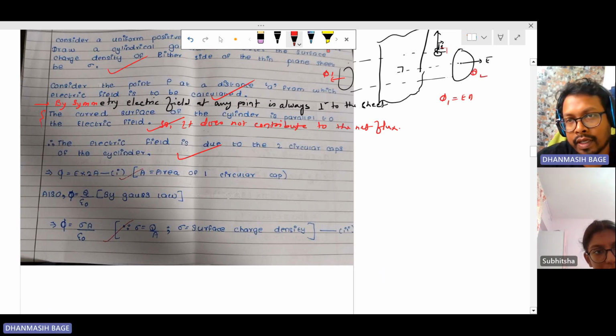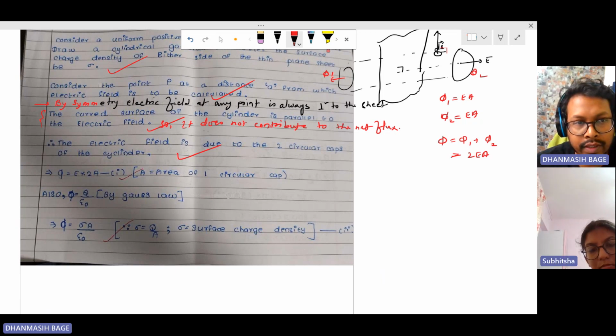Phi 1 is also EA, phi 2 is also EA. So net flux is equal to phi 1 plus phi 2. You can say this, and this will be 2 times EA. So that's all right.